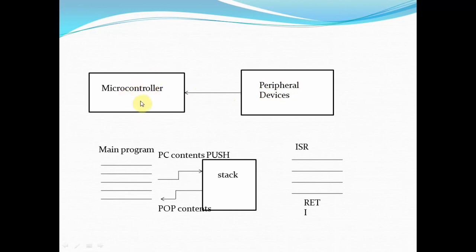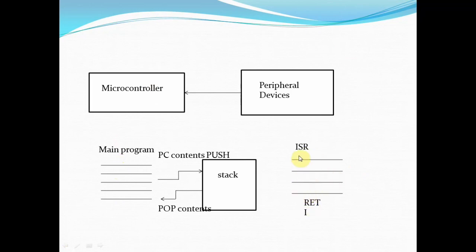Then what will the controller do? The controller will finish whatever it is doing and save the address of the next instruction onto the stack. It also saves the current status of all the interrupts internally, but in some different place, not on the stack. After completing this, the microcontroller will jump to the interrupt service routine.